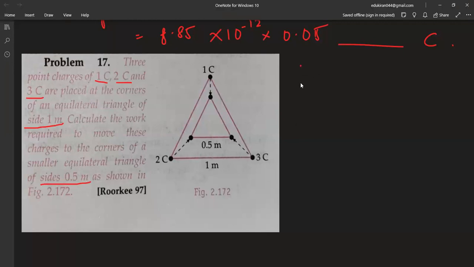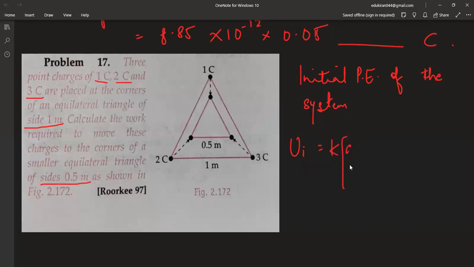So see, when we are talking about the initial potential energy of the system, initially it is K. Let's take K already common. So it will be Q1 into Q2 by R12 plus Q2 into Q3 by R23.